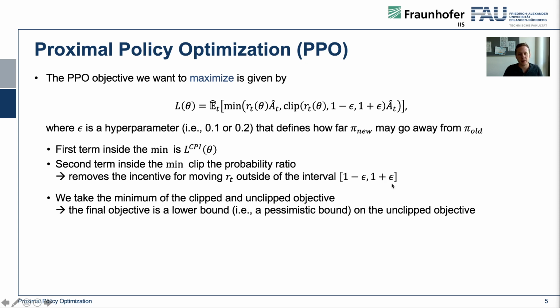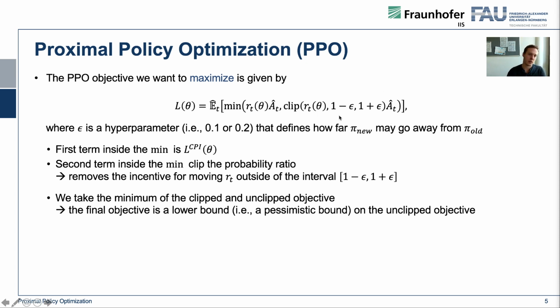And if it's larger than this, we want to clip it to 1 plus epsilon times the advantage. If it's 1 plus epsilon times the advantage, this minimal operator will be the large one, so this min would kick in here. And if the clipping operator boils it down to 1 minus epsilon of AT, this will also be the min term, and the min kicks in and will select this one.